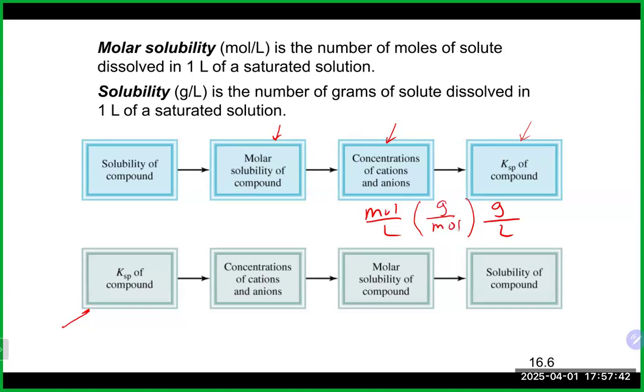The molar mass from the periodic table ties that together in case you need to go from one to the next. You can multiply the molarity by the molar mass to get grams per liter, or divide the grams per liter by the molar mass and you'll get the molarity back. That's a common conversion used in these types of problems.